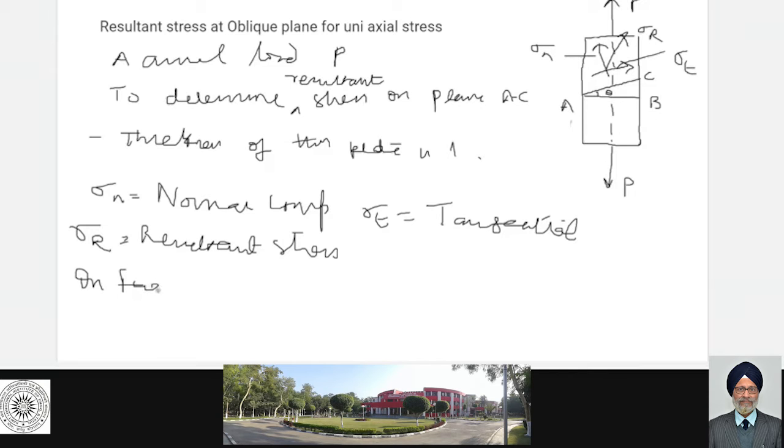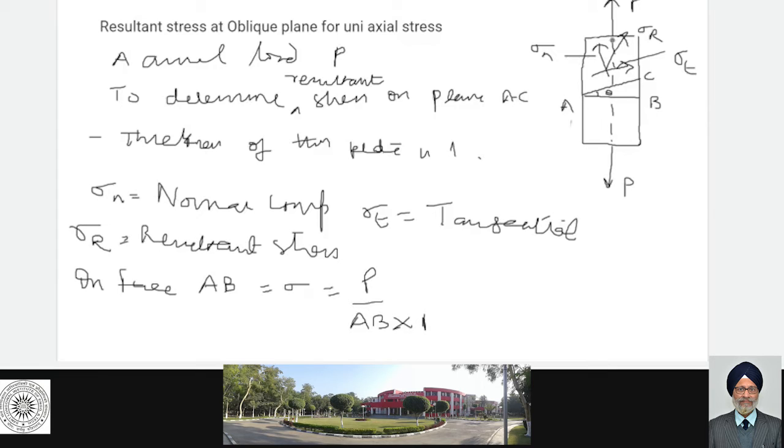Right? Now, on the face AB, P is a force. So what will be the stress? Stress will be equal to P upon AB into 1, because 1 is the thickness.